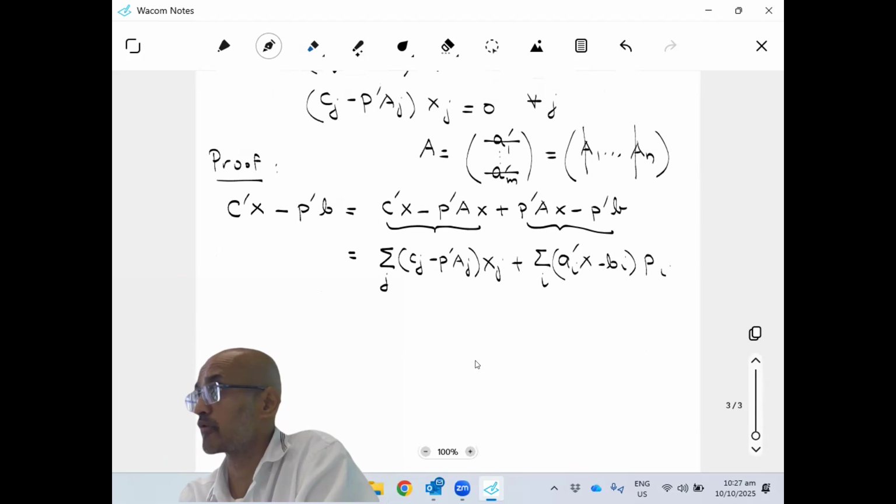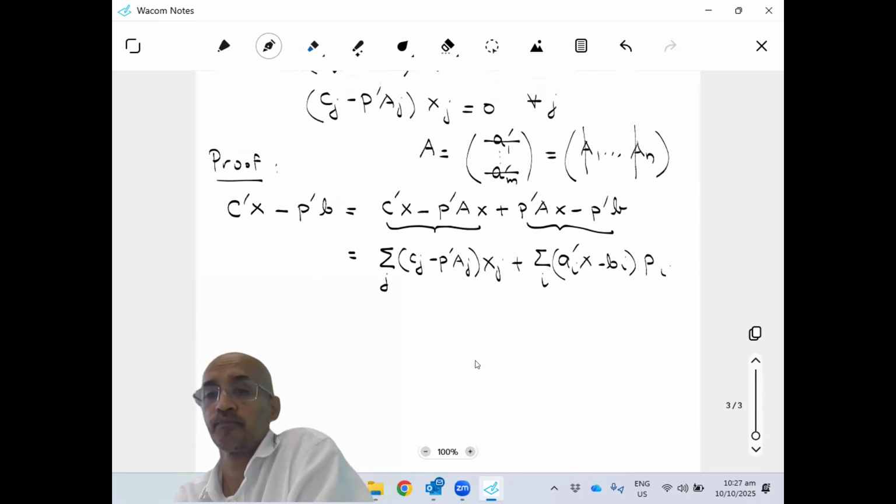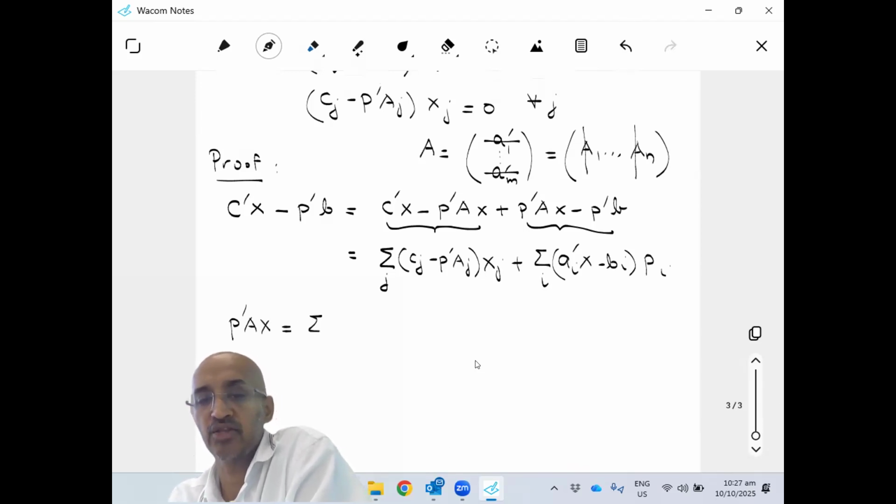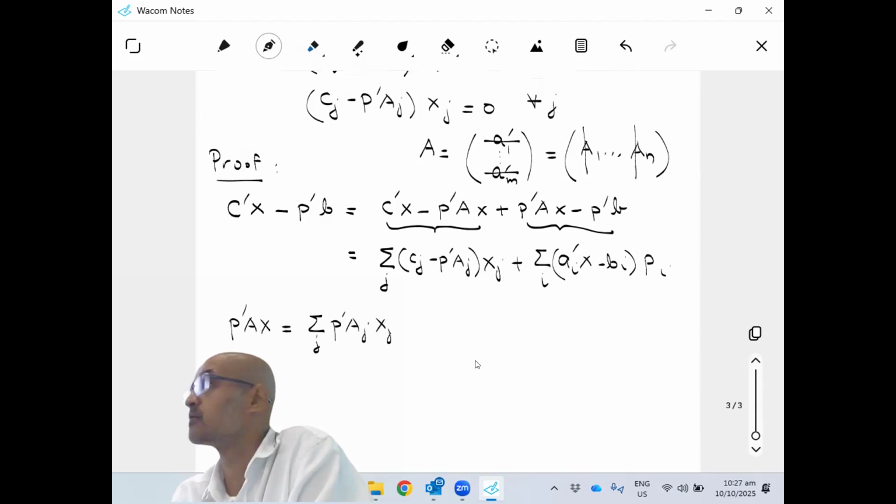Is that clear? What are we doing here? This is a column A1 up to AN. So for example, when I'm looking at this P transpose AX, I'm writing P transpose AX as summation J, P transpose AJ XJ.